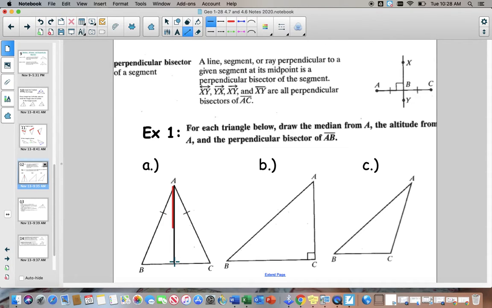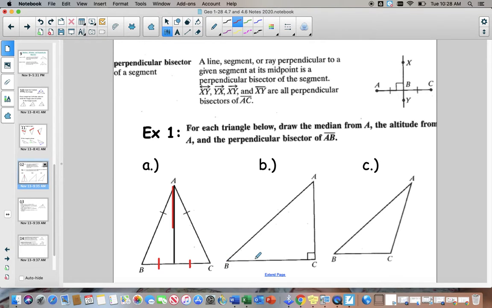And we see here that's the median. We can prove fairly quickly that it's also going to be the perpendicular bisector when this is isosceles.